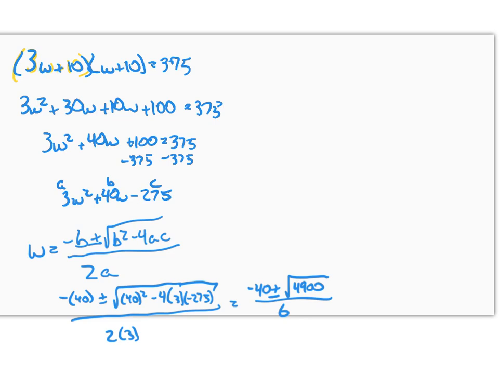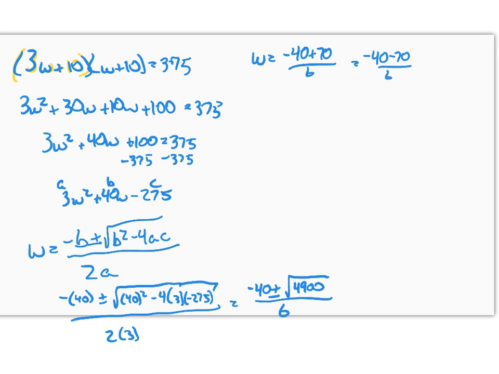The square root of 4900 should be 70. Yep. Okay. So we get W equals negative 40 plus 70 over 6. And we also get equals negative 40 minus 70 over 6.